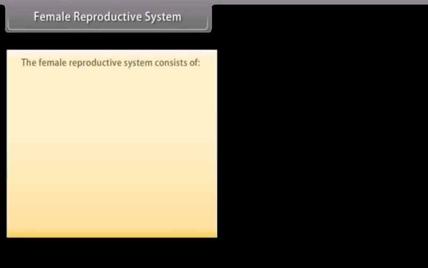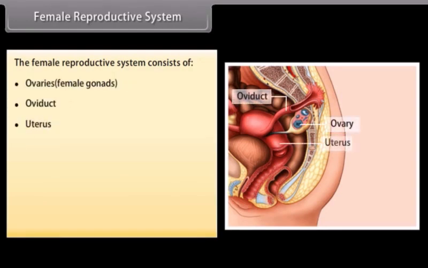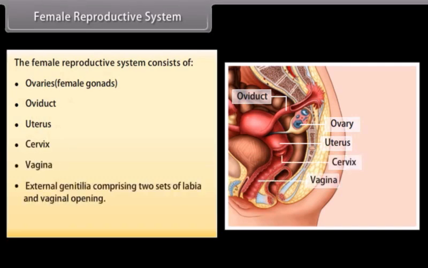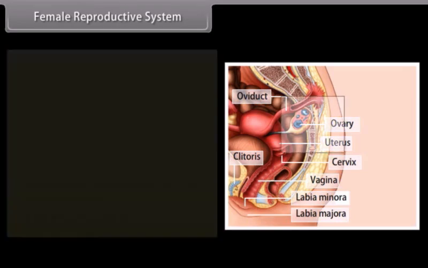Female reproductive system. The female reproductive system consists of ovaries, the female gonads, oviduct, uterus, cervix, vagina, external genitalia comprising two sets of labia and the vaginal opening, and a pair of mammary glands.